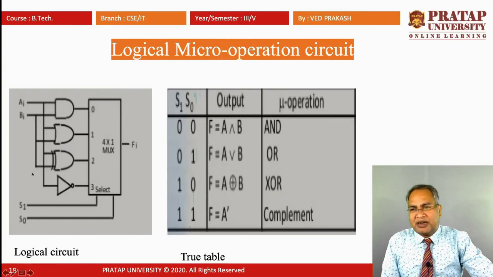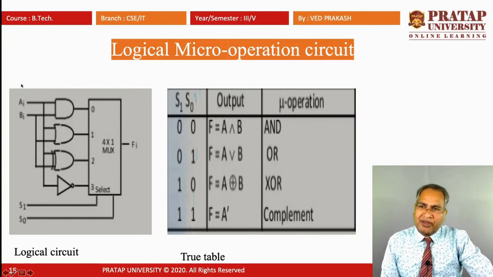Now, here is a circuit diagram of how logical micro-operations work. That denotes the logical circuit of logical micro-operations, and that is the table of logical micro-operations. As we know, the overall role depends on these selecting lines. According to the value of these selecting lines, we obtain which operation will be performed.